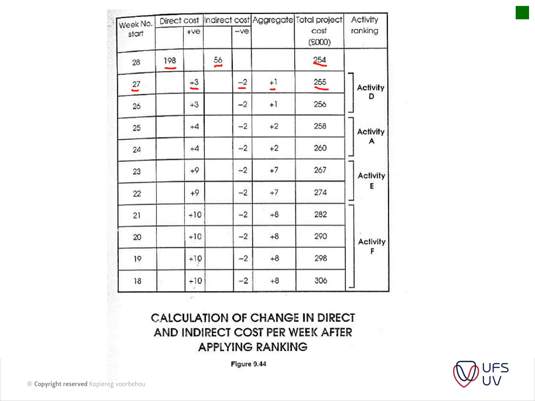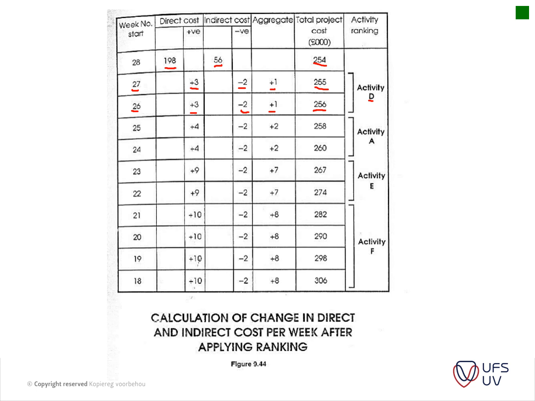Okay, then we do the same, reducing it by 1 week, we add 3,000 and we subtract 2,000. So aggregate of 1,000 is added, and we are at 256,000. Okay, that's for activity D.